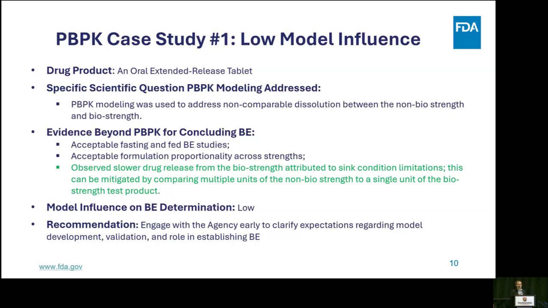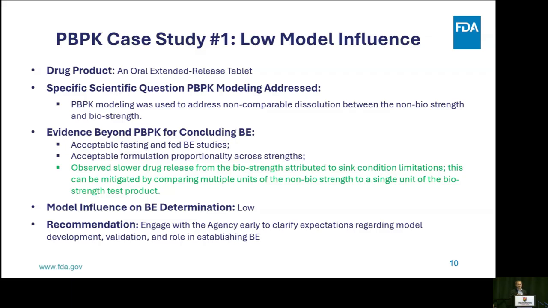But for this specific case, we have a good mechanistic understanding of the release mechanism. They observed slower drug release from the bow strengths attributed to the same condition. This can be mitigated by comparing multiple units of the non-bow strengths to a single unit of the bow strengths of the test product.